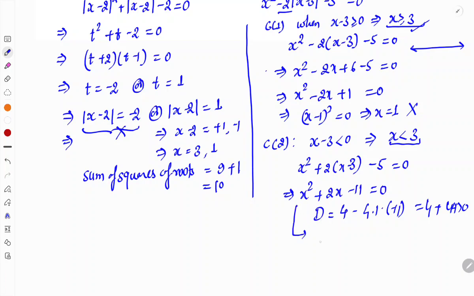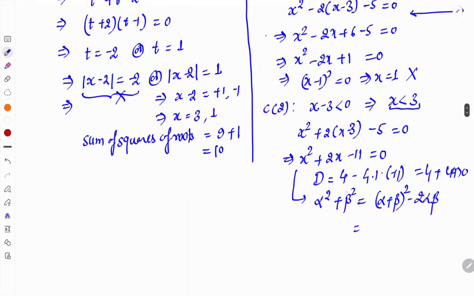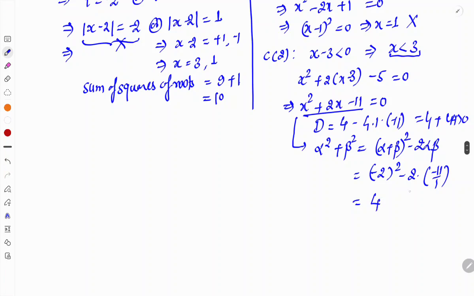Let the roots be alpha and beta. We need alpha^2 + beta^2 = (alpha+beta)^2 - 2 alpha beta. Alpha plus beta is -b/a = -2, and alpha beta is c/a = -11. So it is 4 + 22 = 26.